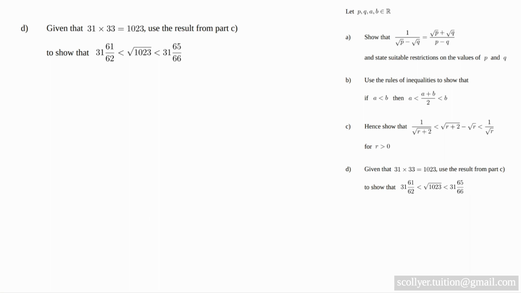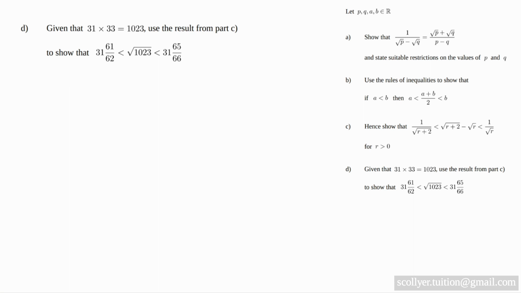Part D. Given that 31 times 33 equals 1023, use the result from Part C to show that the square root of 1023 lies between 31 and 61 over 62 and 31 and 65 over 66.